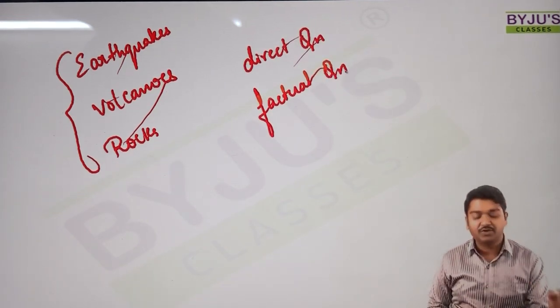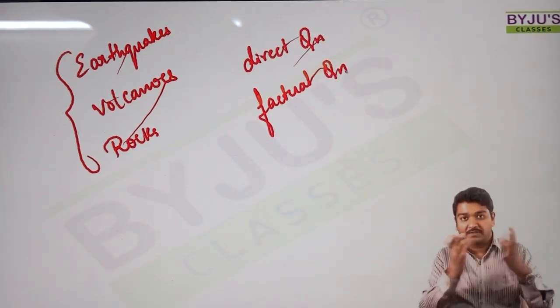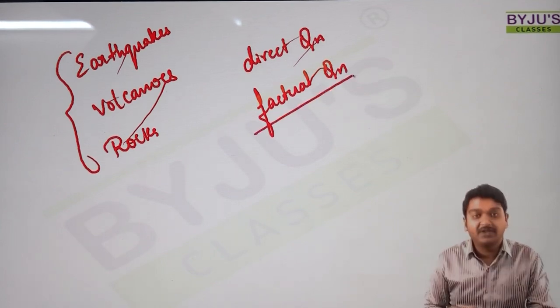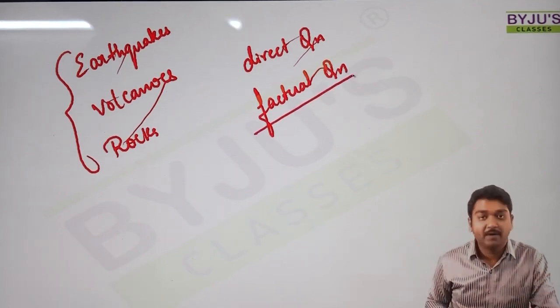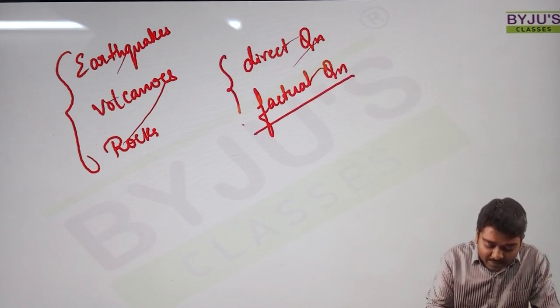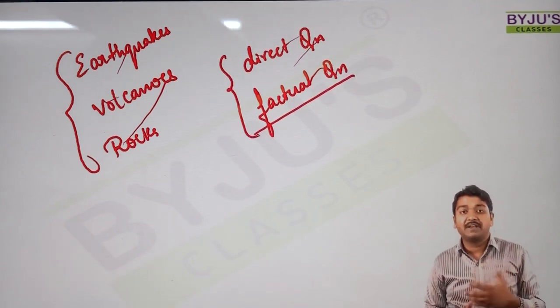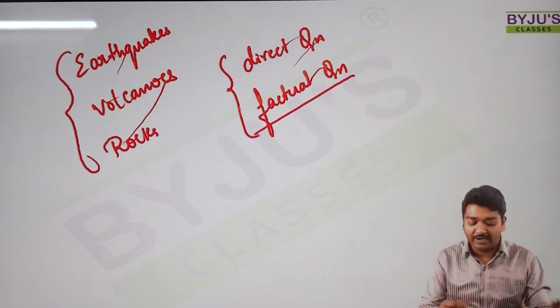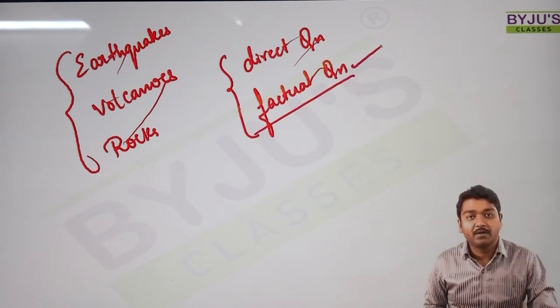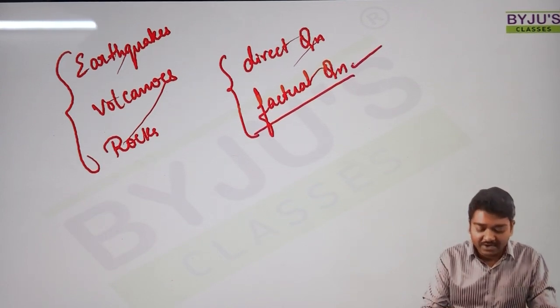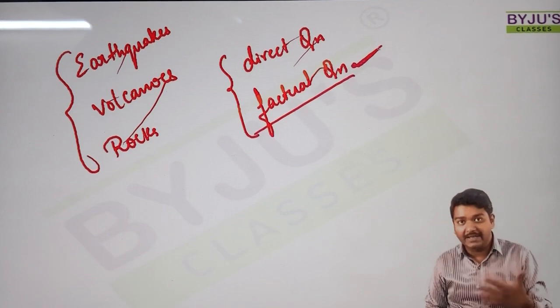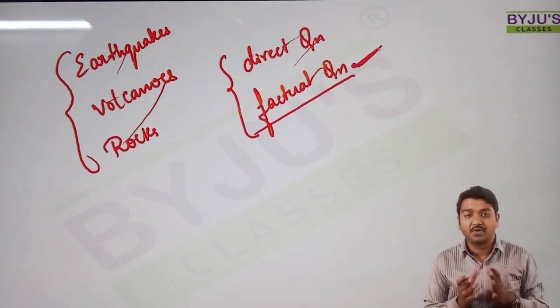When I say direct question, it is like: what is volcanicity, what is an earthquake, what are fold mountains and all. Factual points they may ask, right? So please be prepared for this. You won't get many confusing ones. What is evaporites? Factual question. What is sulfur terrace associated with? Factual question. So they may directly ask you factual questions rather than going into detail.